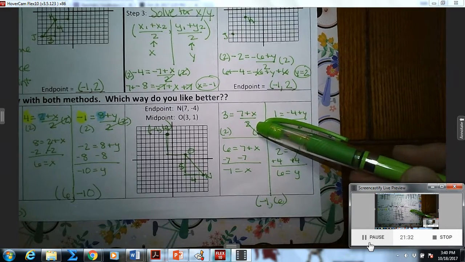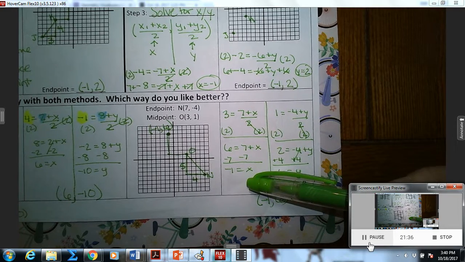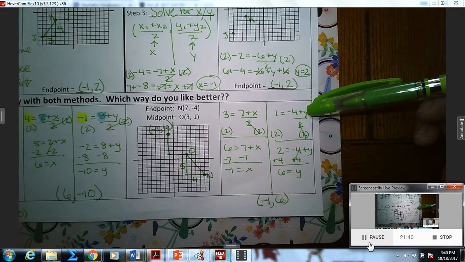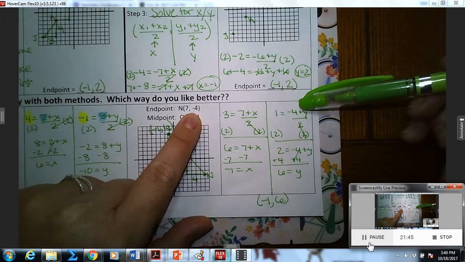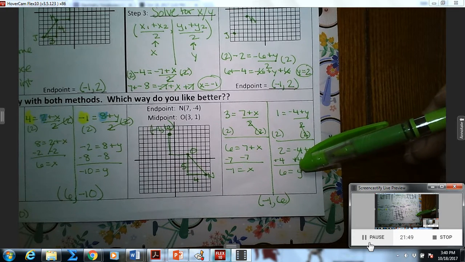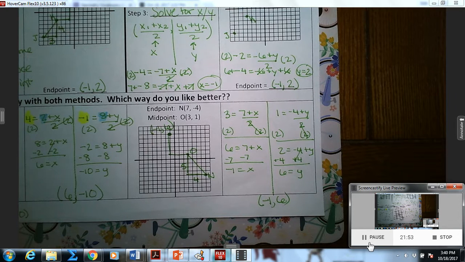Algebraically, I had to multiply by 2 and then subtract 7 to get a final x of -1. My y values used the 1 from the midpoint and the -4 from the endpoint. Again, I multiplied by 2, and then I added 4 to get a +6. So an x value of -1 and a y value of +6.